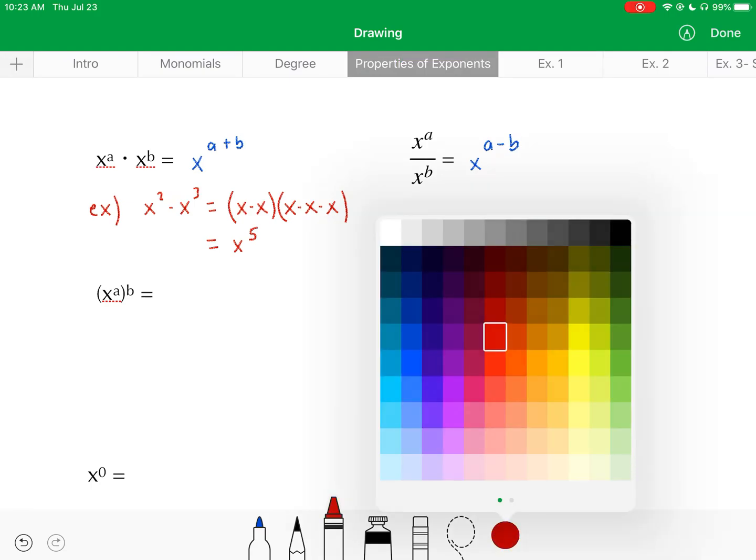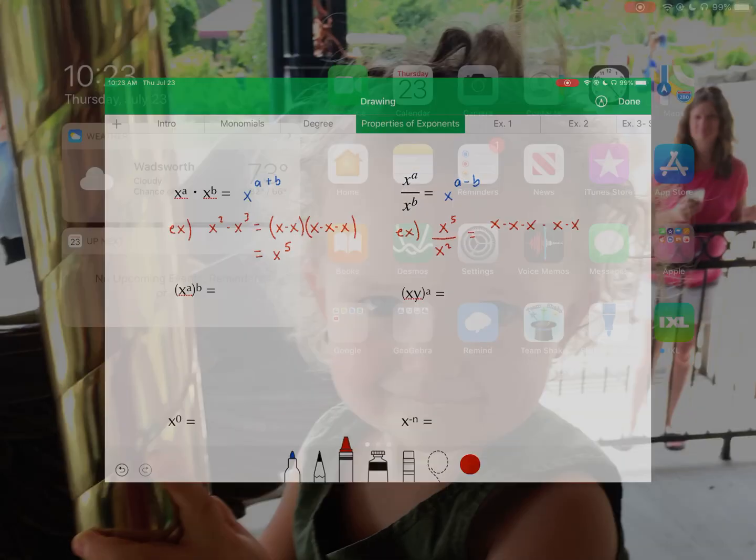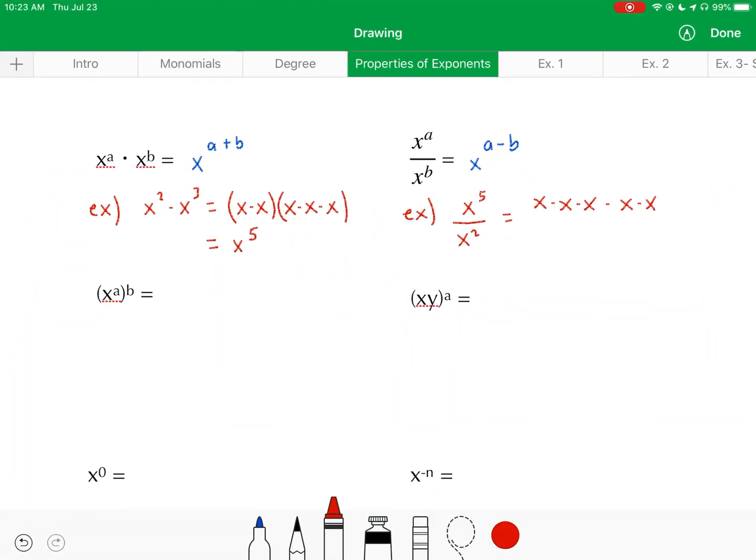Okay, so example for that, let's say we're working with x to the fifth divided by x to the second. So of course, x to the fifth is x times x times x times x times x, right? And x to the second is simply x times x.